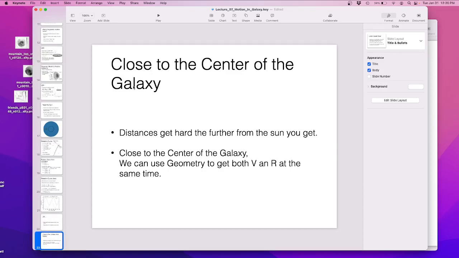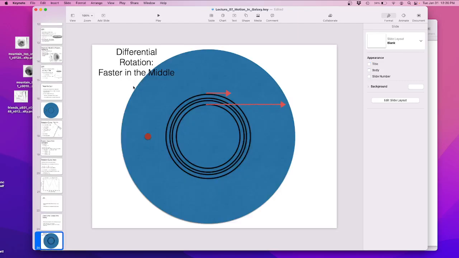So the center of the galaxy is easier in some ways and harder in some ways. It's easier. It makes more sense. The cool thing that you can do is this is actually kind of awesome. The rotational velocity is decreasing from the center outwards.